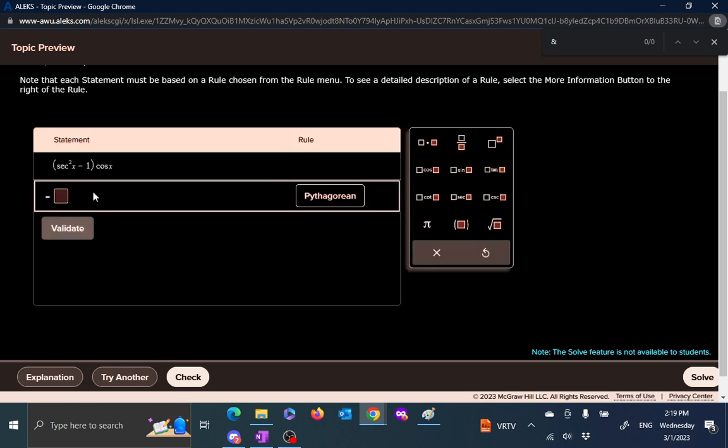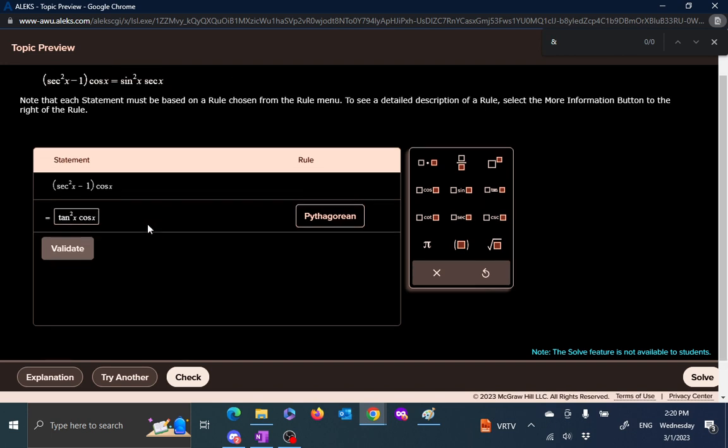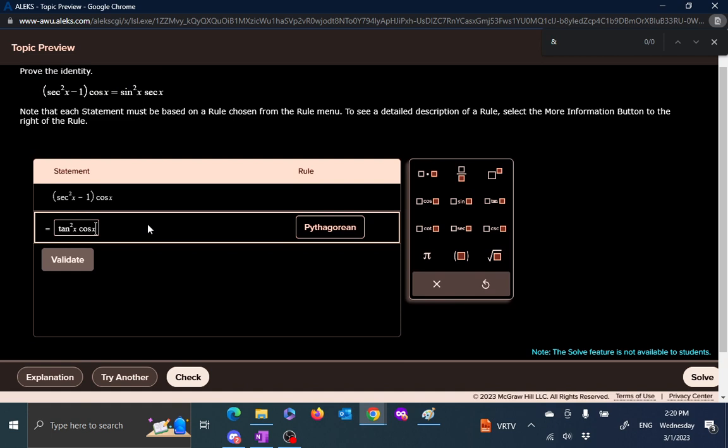So I write tan square of x times cosine of x. Now, tan square, what do I want to do? I want to go towards sine square secant of x.